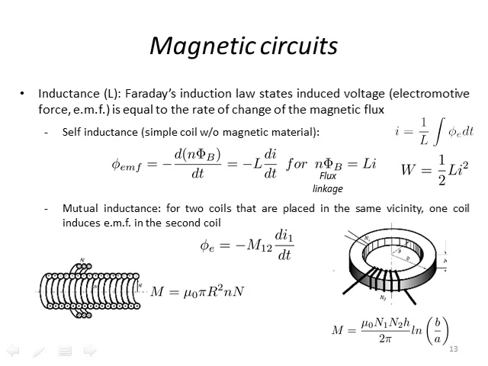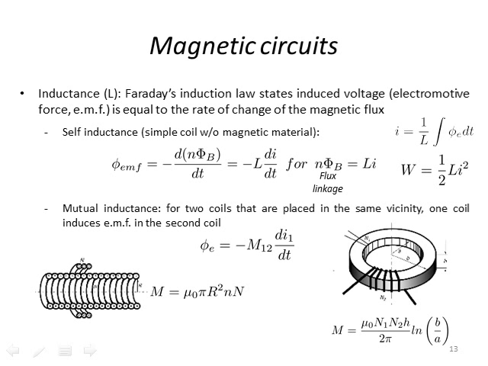So when we do self-inductance, this is a simple coil without any magnetic material, then the EMF voltage is going to be equal to the negative differential of the flux times the number of windings in the coil, divided by the differential of time.